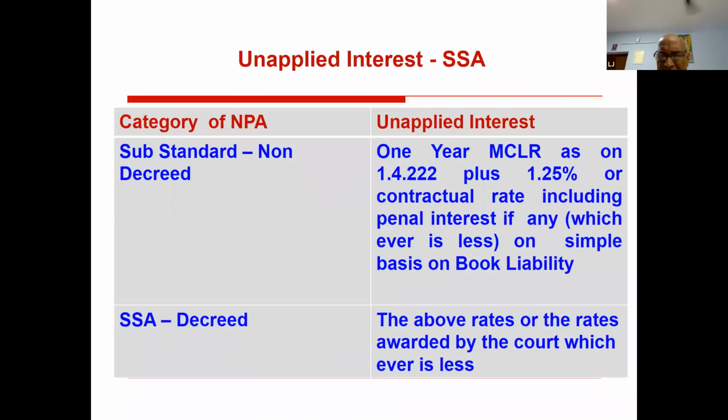Calculation of unapplied interest is for internal purpose only. We should not reveal it to the borrower, because we are going to ask him to pay 1 year MCLR plus 1.25 or the contracted rate with penal interest, whichever is less. If it is a decreed account, the decreed rate, whichever is the least. So we should not reveal it to the borrower.